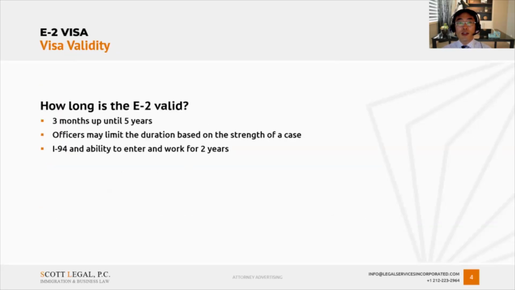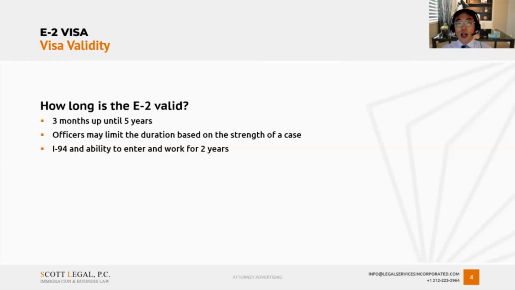So how long is the E2 visa valid? Well, it depends on the treaty agreement between the United States and the foreign country. It could be very short, like 3 months, or 5 years. Then does it mean that I could run my business only for 3 months if the visa is only valid 3 months?